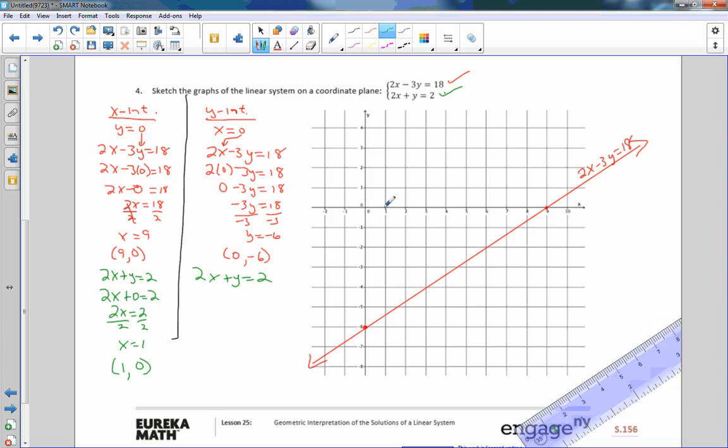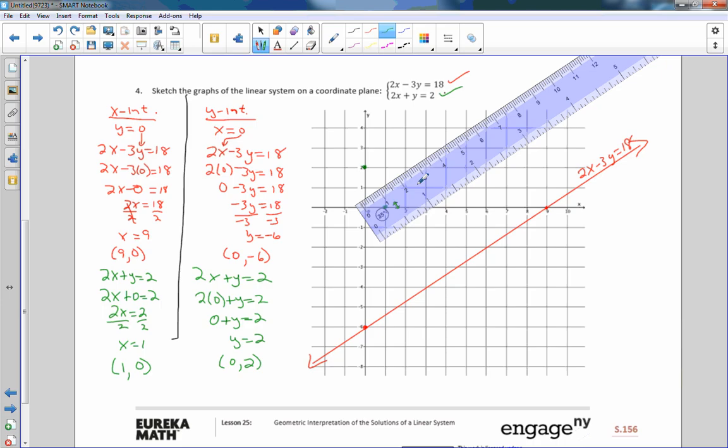Plotting that, I go over 1, up 0, right there. Plugging 0 in for x this time, I get 2 times 0 plus y equals 2. 0 plus y equals 2, or simply y equals 2 when x is 0. So I'm at the point over 0, up 2. So there's my 2 points.